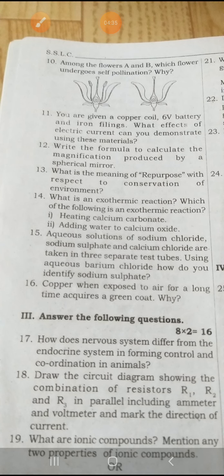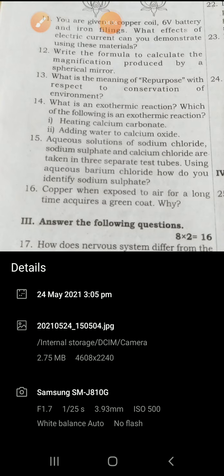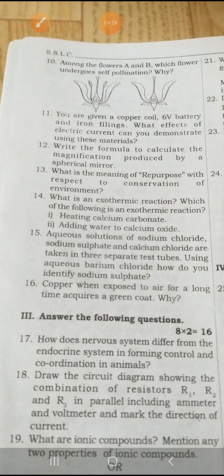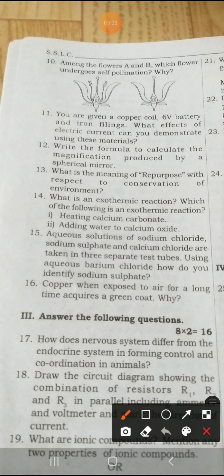The next question is the 12th question: write the formula to calculate the magnification produced by a spherical mirror. You know that for a spherical mirror, magnification is the height of the image divided by the height of the object.